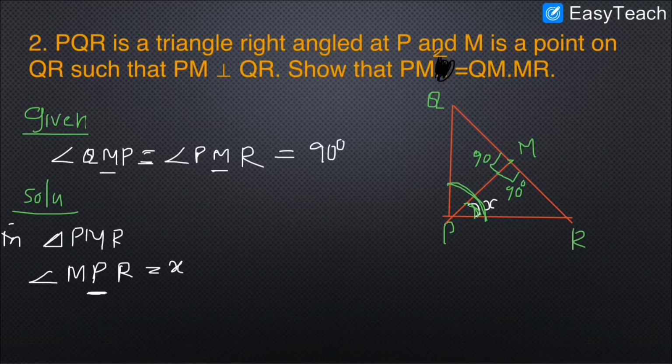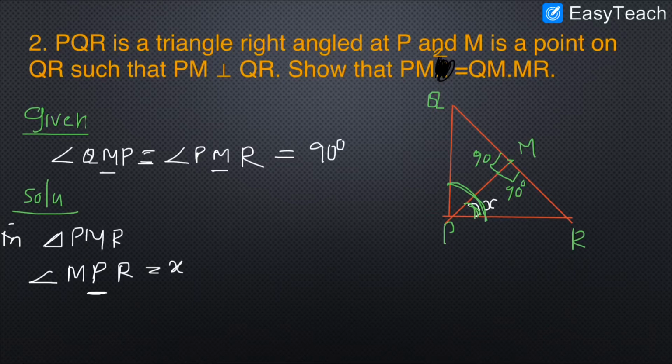Both are same. And at the same time angle PMQ equal angle PMR, which is 90 degrees, and angle MQP equal angle MPR, which is x. So corresponding angles are equal. So we are able to write triangle QMP similar to triangle PMR as per the AA similarity criterion.